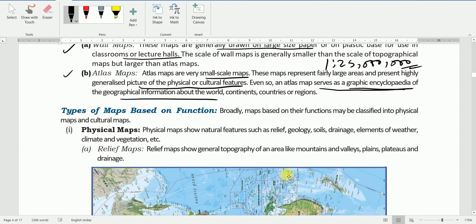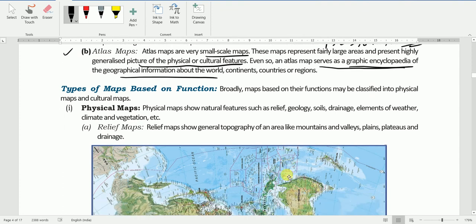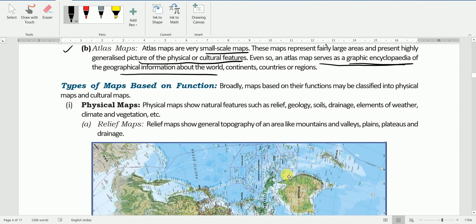Next, we have types of maps based on function. This is another classification. Broadly, maps based on their function may be classified into physical and cultural maps.